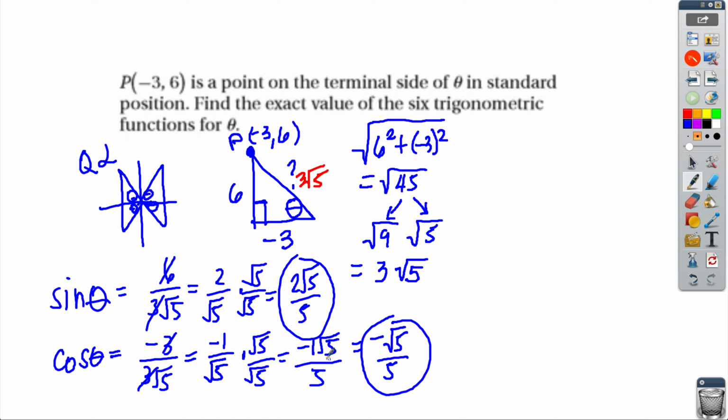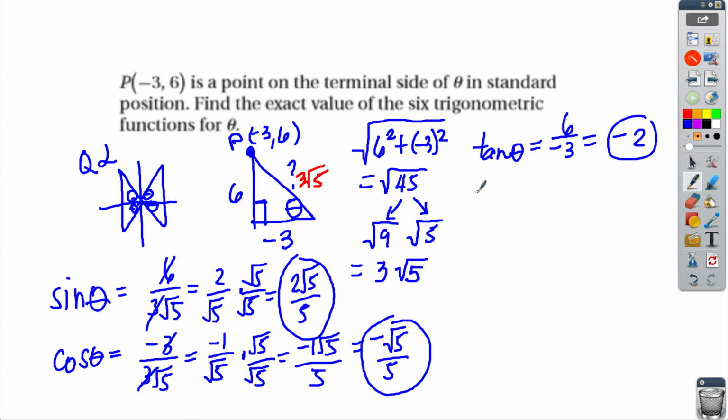You can leave it this way, you can have the 1, it's okay. Now for tangent theta, it's the opposite side, which is 6 over -3. So you simplify it further, you have -2. That's your tangent theta.